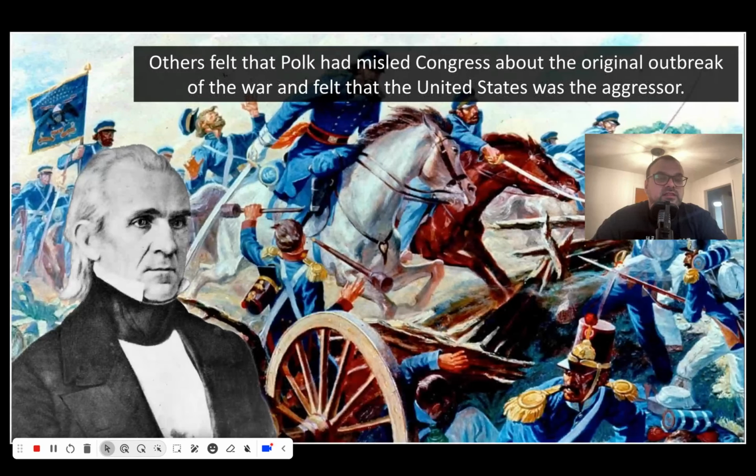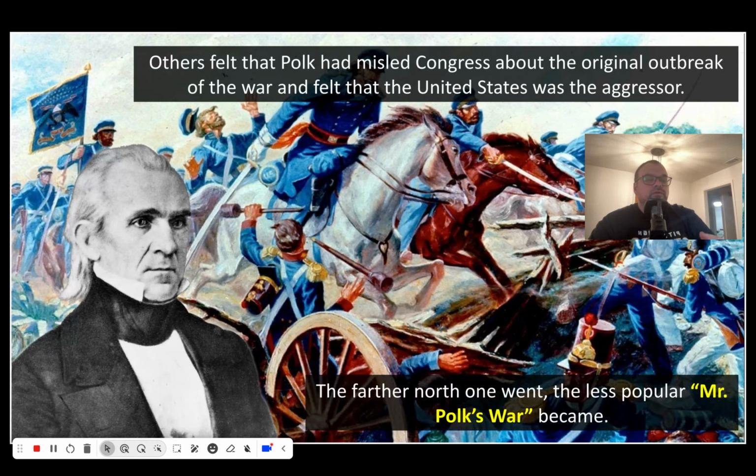But others feel that James K. Polk misled Congress about the original outbreak of war. And that's going back to that story I was telling you about how Taylor and his forces actually went into Matamoros and then brought the Mexicans back into Brownsville. The United States was the aggressor in the war. They were the aggressive party. They were the ones who caused this war and technically invaded Mexican territory.